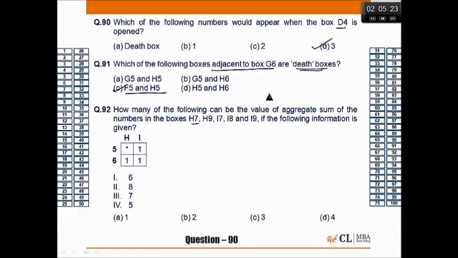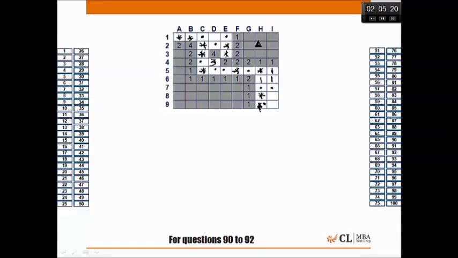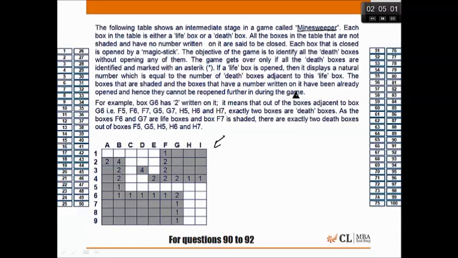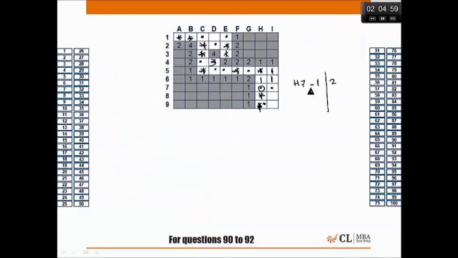Okay, which one? H7, we don't know how much. H7 can be either 1 or 2. H9 can be 1, 2 or even 3.